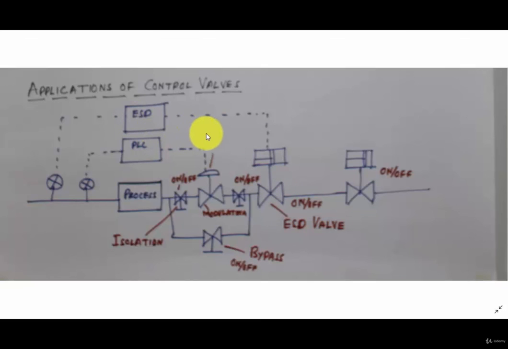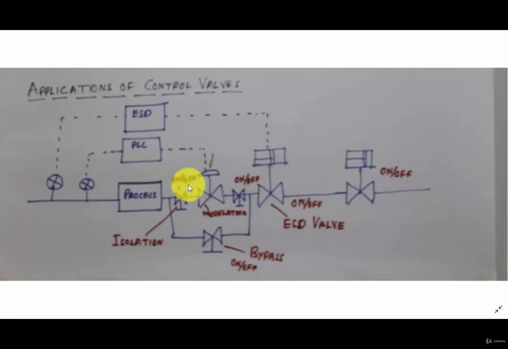It will have a parallel loop with the normal control loop, and it is called the ESD valve. It is a fast acting valve with a pneumatic cylinder or hydraulic cylinder. It is fast acting and prevents any abnormal condition in the process. So that is meant for the emergency shutdown system.